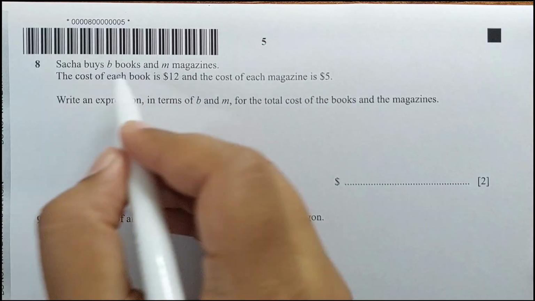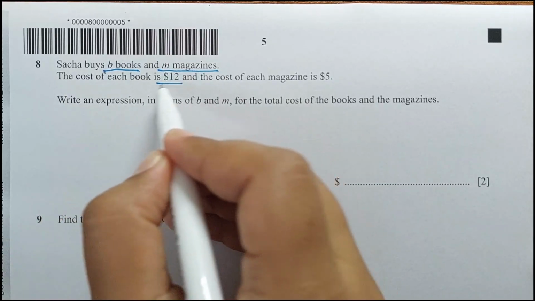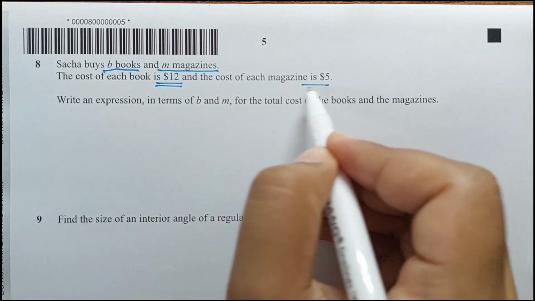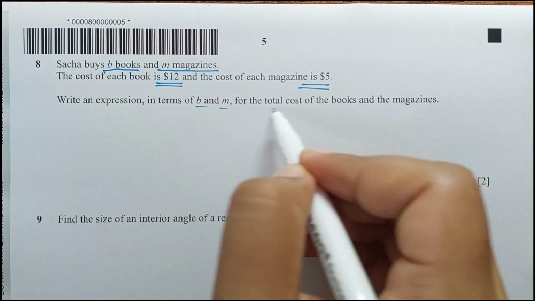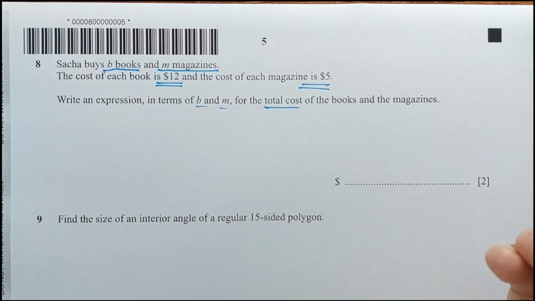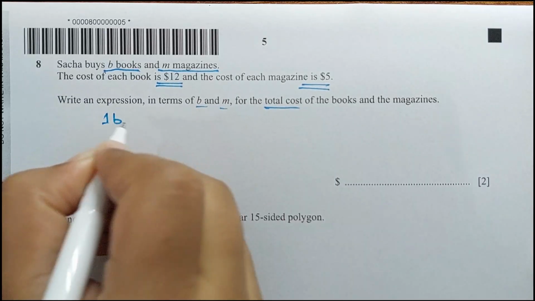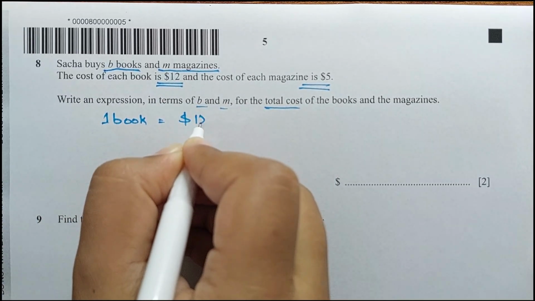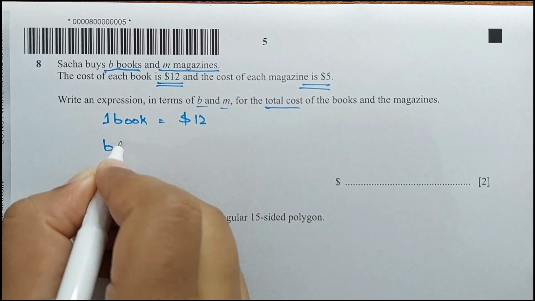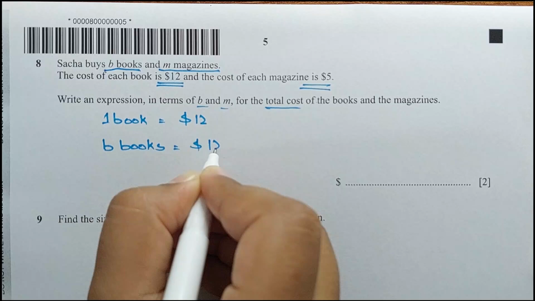Question number 8, Sasha buys B books and M magazines. The cost of each book is $12 and the cost of each magazine is $5. Write an expression in terms of B and M for the total cost of the books and the magazines. It is simple. So the cost of one book is $12, so the cost of B books is 12B.